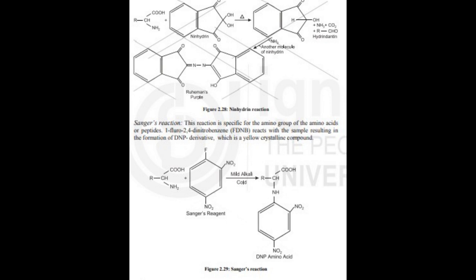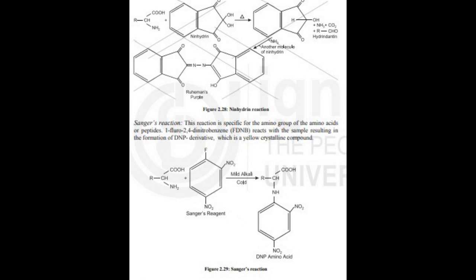II. Reactions of amino group. There are many reactions of amino group, namely methylation, reaction with nitrous acid, oxidative deamination of amino acids, reaction with aldehydes, etc. We shall not discuss each one of them. Some important reactions are described here. Ninhydrin reaction. Ninhydrin is a powerful oxidizing agent.